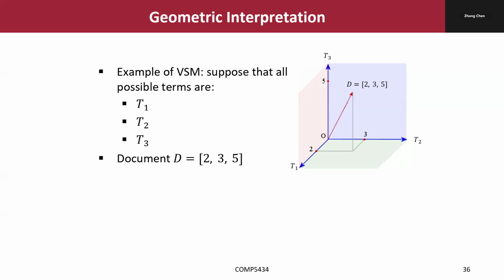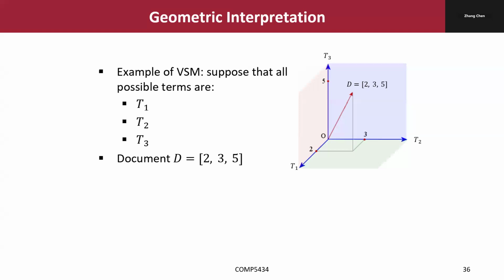This gives us a 3-dimensional space. Now we look at a document D, say (2, 3, 5). In this toy example, the document is represented as a vector in the 3-dimensional space, indicated here. This means the document has a weight 2 on T1, weight 3 on T2, and a weight 5 on T3.